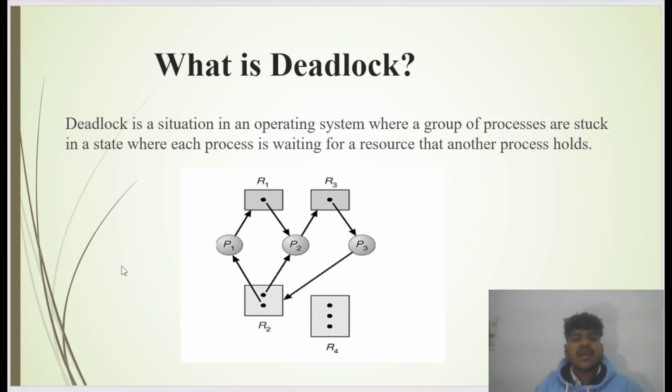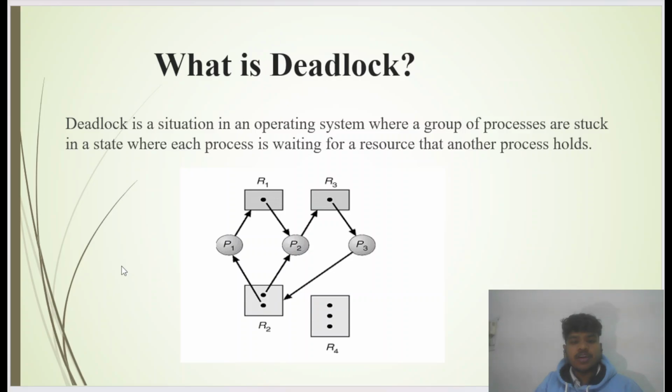Each process may need access to certain resources like files, printer, or memory. Deadlock happens when process P1 has resource A and is waiting for resource B, while process P2 has resource B and is waiting for resource A. In this situation, neither of them can proceed because they are both waiting for the resource held by another process.